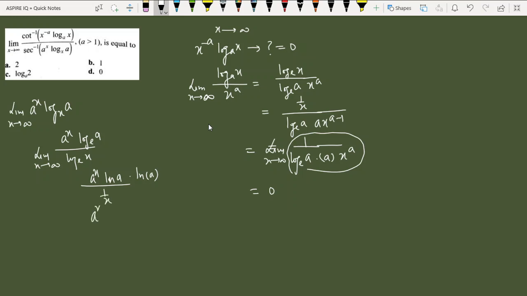So a^x times x times (ln a) whole squared, limit x tends to infinity. For x tends to infinity, this expression tends to infinity and this expression tends to infinity, so this will approach infinity.